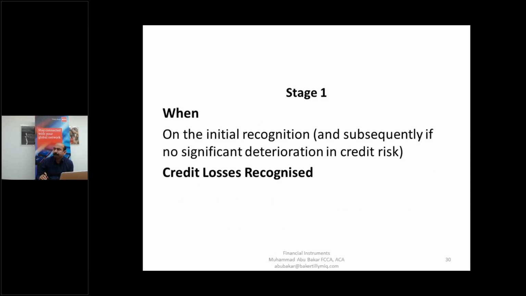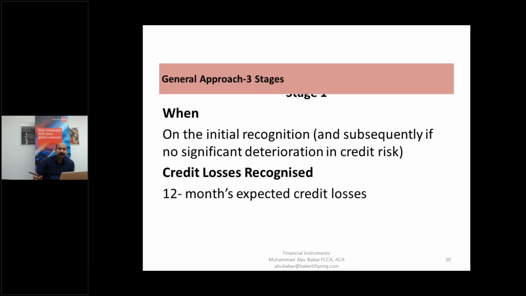Okay, in stage 1, at initial recognition, an entity shall estimate the cash flows expected by considering all contractual terms of the financial instrument and estimating reliably the expected life of the financial instrument compared with the cash flows it expects to receive.